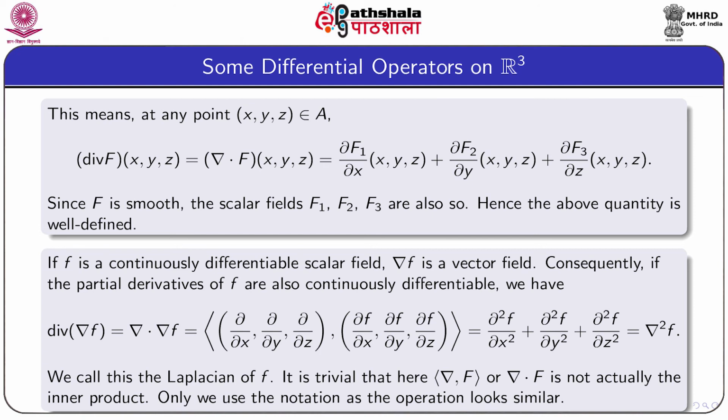So, this equals del 2f/del x2 plus del 2f/del y2 plus del 2f/del z2. We denote this nabla square f. We call this the Laplacian of f. It is trivial that here the symbol nabla dot f or inner product nabla f is not actually the inner product, we only use the notation as the operation looks similar.